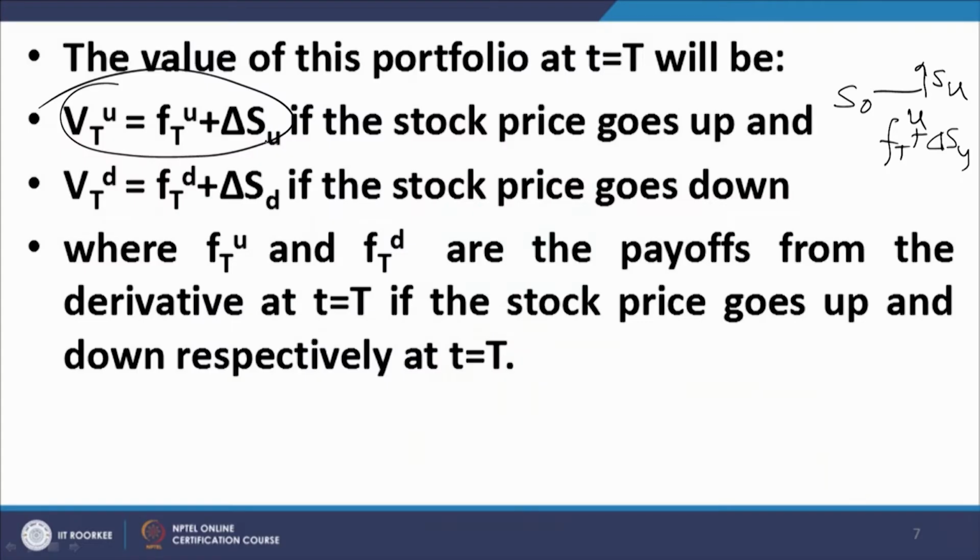Similarly, if the stock price goes down, the value of our portfolio will be equal to this expression. VTD is equal to FTD plus delta into SD. FTU and FTD I have already explained, they are the payoffs from the derivative at t equal to capital T if the stock price goes up and if the stock price goes down.